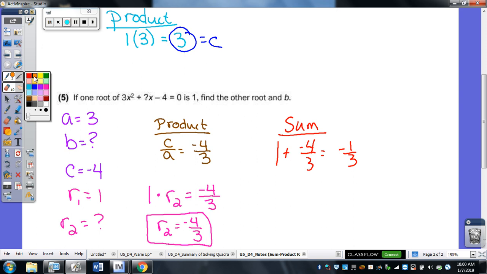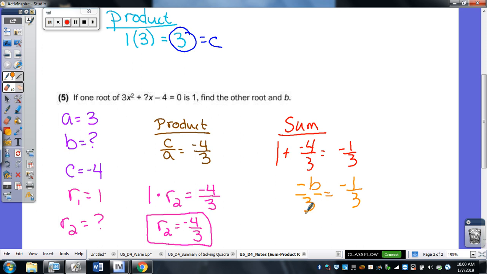So again, if we're using our equation, our sum formula is negative b over a. So I now know that needs to equal negative 1/3. Isn't a from our equation already 3? Right? a is a 3.